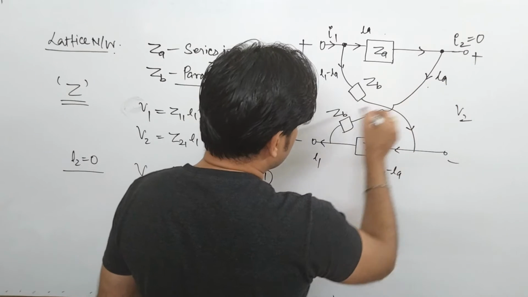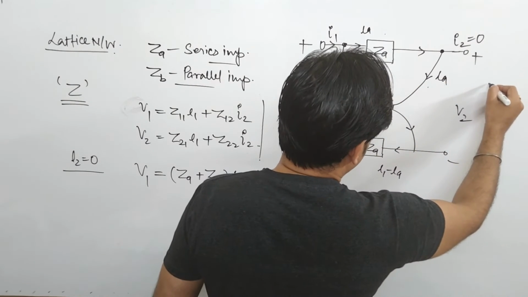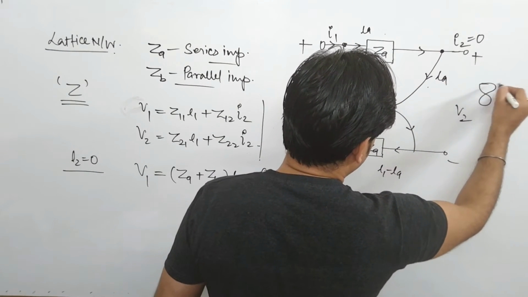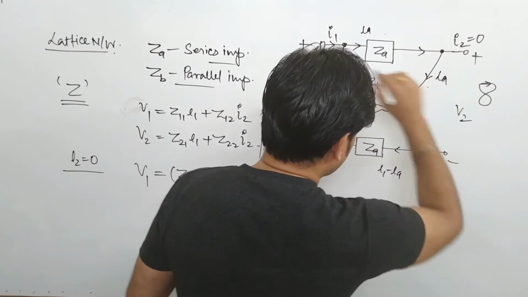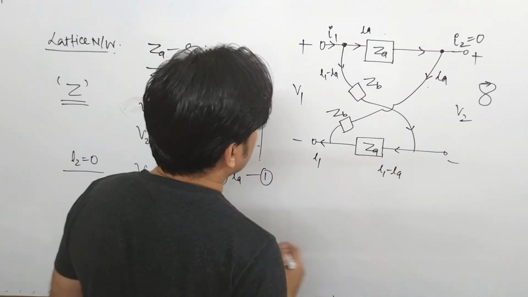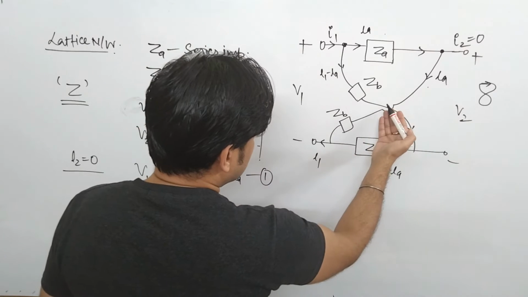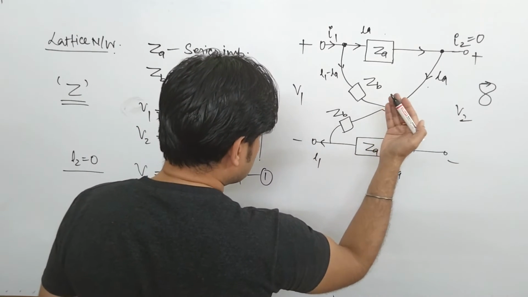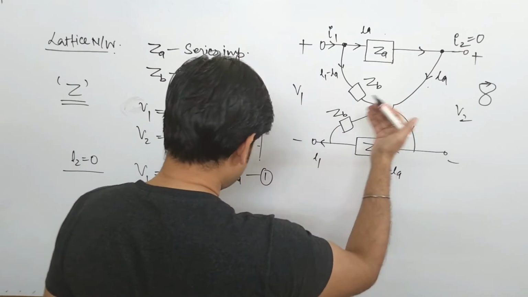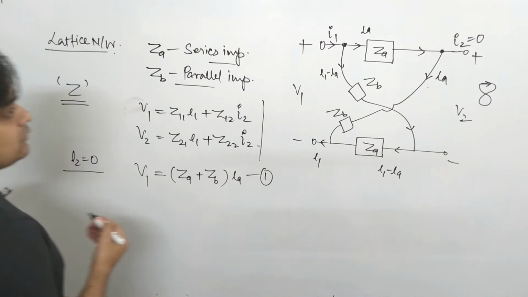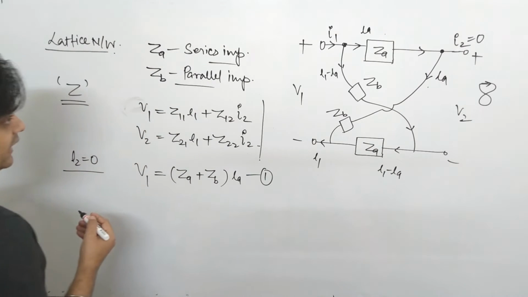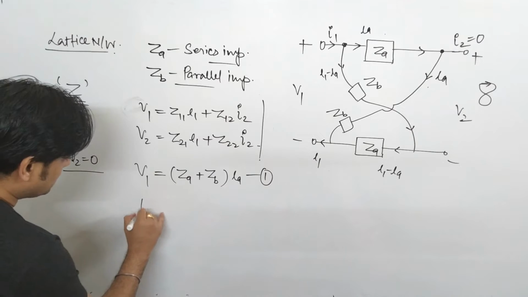Now this figure is your figure of 8. This figure is your figure of 8 in this fashion. So I am applying one KVL here also. Since this branch is not connected with this branch, it is just over that branch. So if you apply KVL to this figure of 8, there is no voltage.